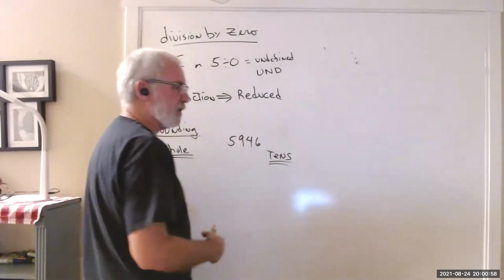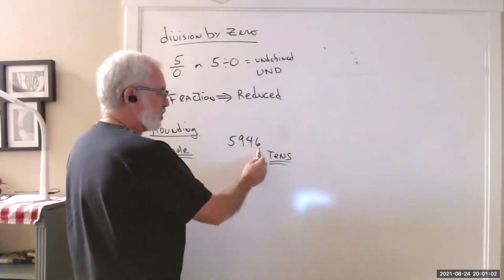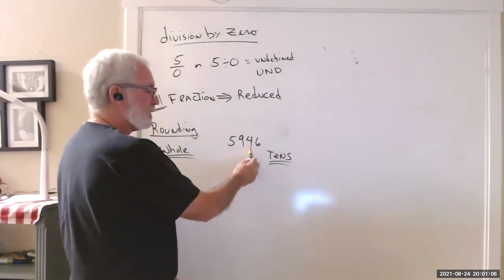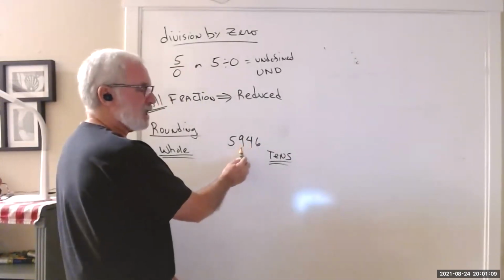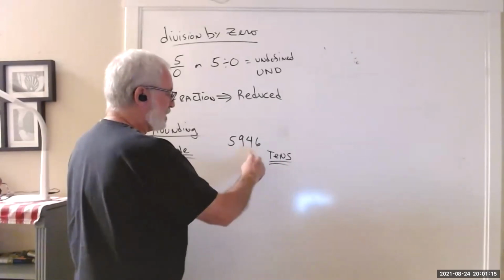So you have to go back and remember your place value. It's in the text in the book, but this is called the ones. The 6 is in the ones place, the 4 is in the tens, the 9 is in the hundreds, and the 5 is in the thousands. Okay, so you find the number that's in the tens place.